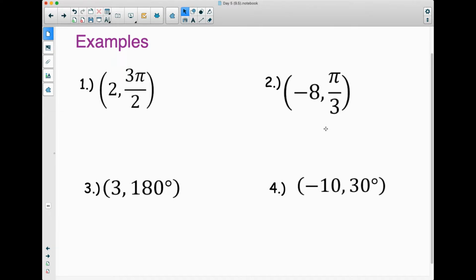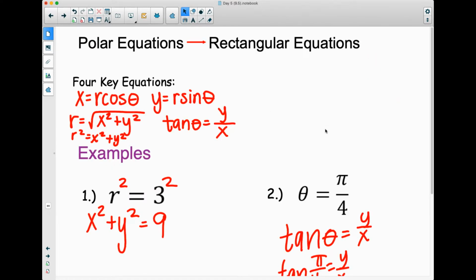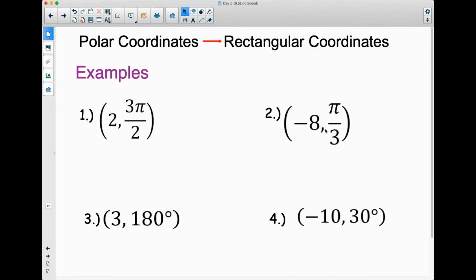If you look at those 4 key equations, notice how the top 2, we're given r and theta, we want x and y. So what if we used x equals r cosine theta and y equals r sine theta, and we're able to solve for our new x and y?